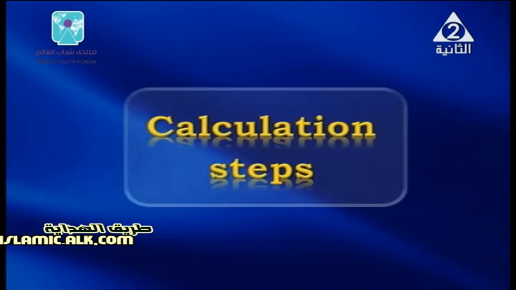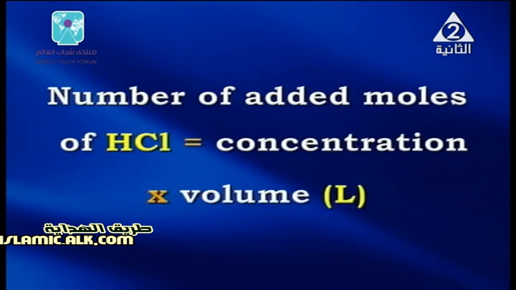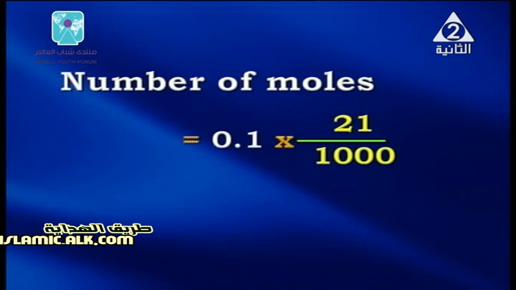Now the calculation steps for the experiment. The number of added moles of hydrochloric acid equals concentration times volume in liter, so equals 0.1 times 21 over 1000, which is 2.1 times 10 to the power negative 3.